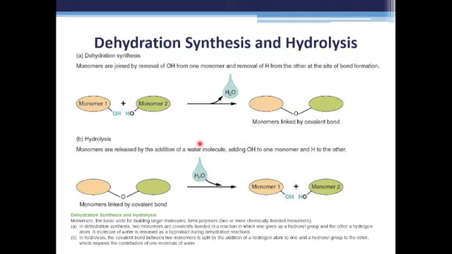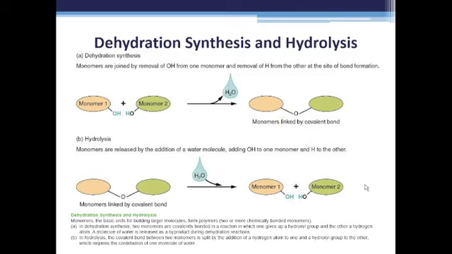For example, in hydrolysis, starches are hydrolyzed into glucose. Proteins are hydrolyzed into amino acids. As you can see, it's just the reverse process. Amino acids are building blocks of proteins, but when hydrolysis occurs, proteins are hydrolyzed into amino acids.